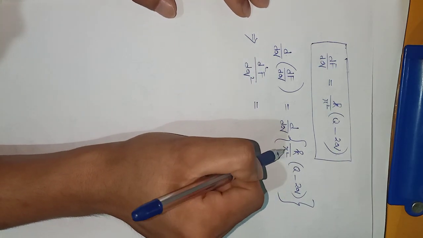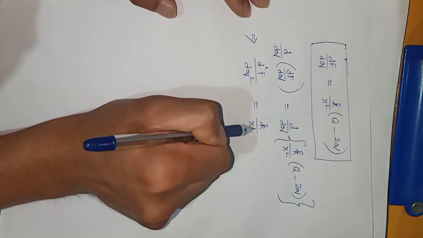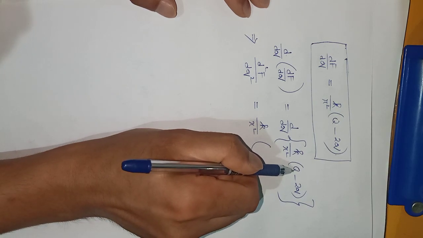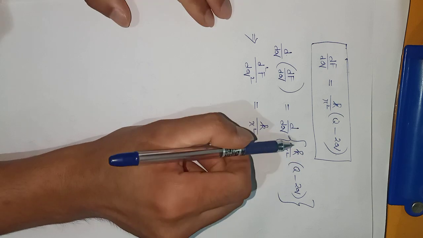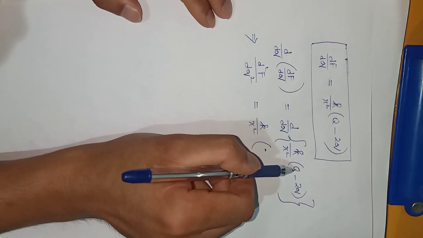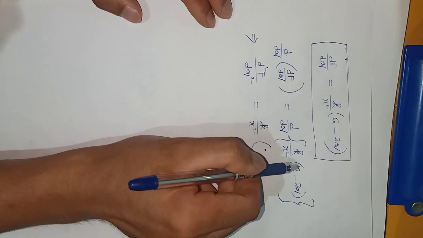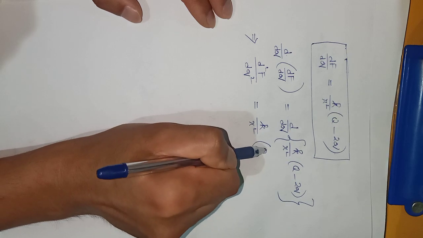Now K by r square, being independent of q, comes out of the differentiation. Now capital Q being a constant, the differentiation of capital Q with respect to q is 0.